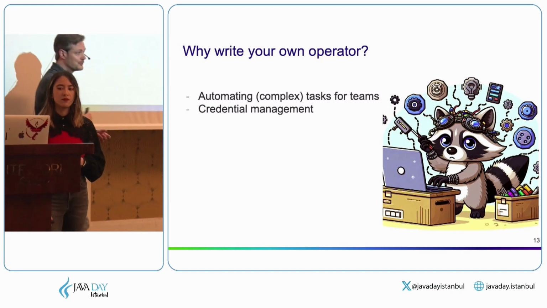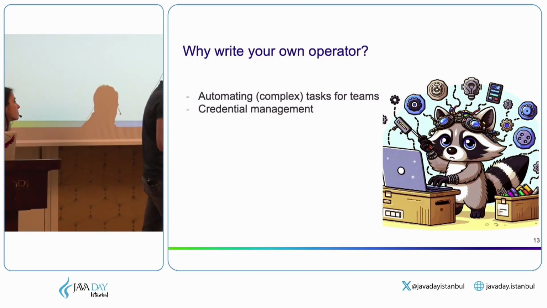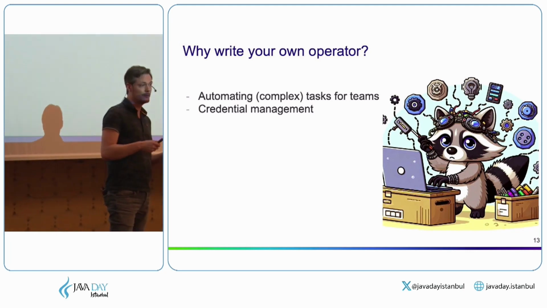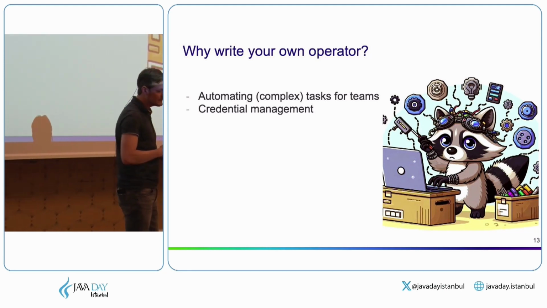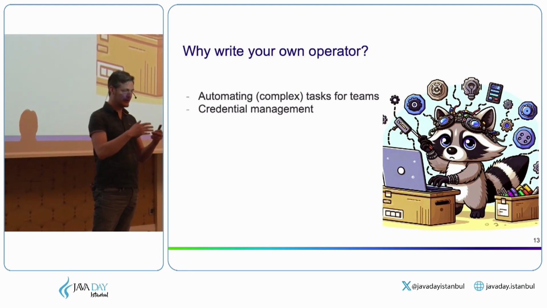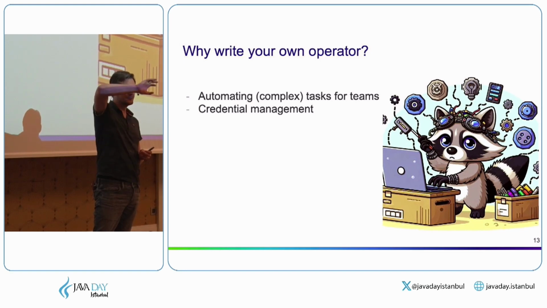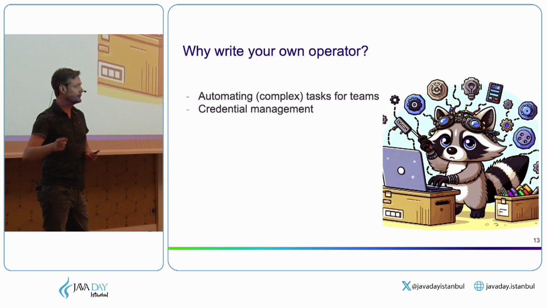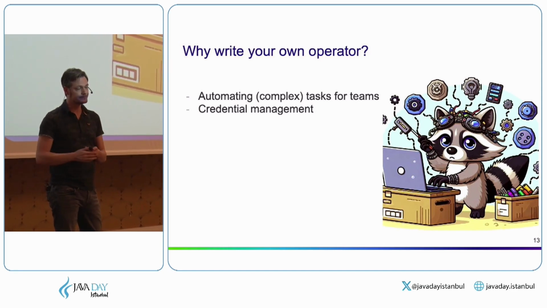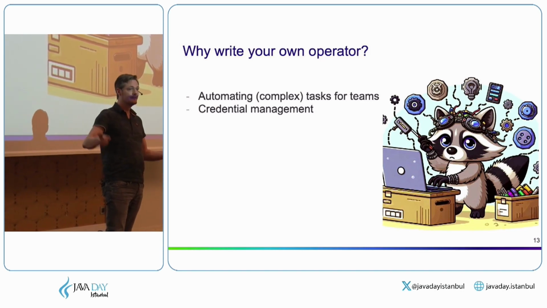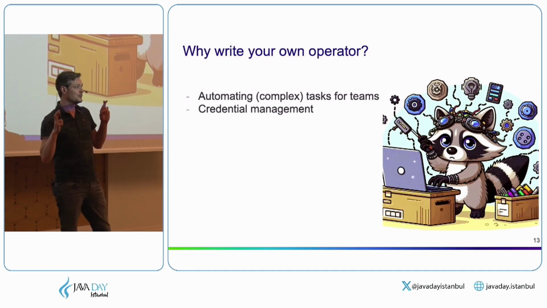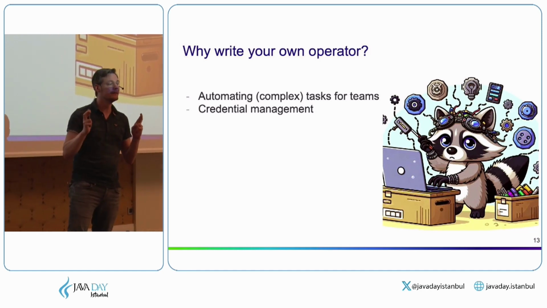So what are good use cases to write your own operator? One of them is trying to automate complex tasks for teams. If I look at what we did at my own company, Alliander, we had this very complex authentication flow, where you had multiple moving parts, which all needed to be configured in the correct way. If it wasn't done so, it either wouldn't work or it wasn't secure. So one thing we could do is ask all 200 teams we have to configure all these things within their pipeline and pray that all these 200 teams will do these things correctly.